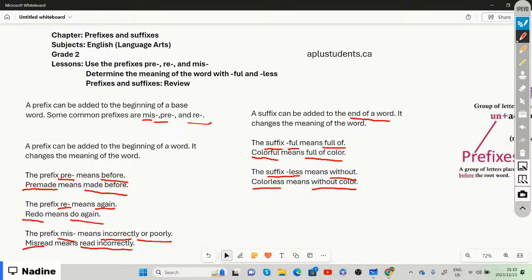The suffix full means full of, and the suffix less means without. Colorful means it's full of colors, whereas colorless, which has a more negative meaning, means without color.